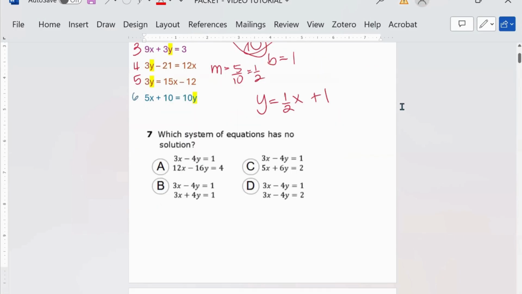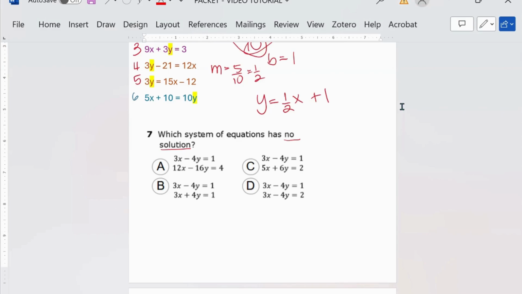Which system of equations has no solution? Okay, let's review. We talked about the parallel line and perpendicular line before.